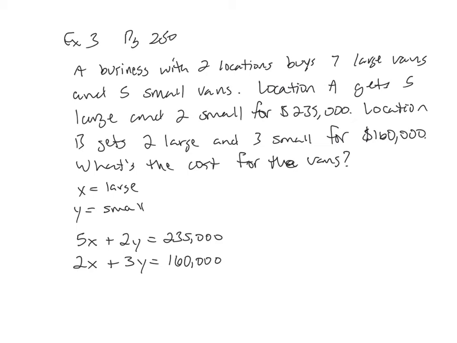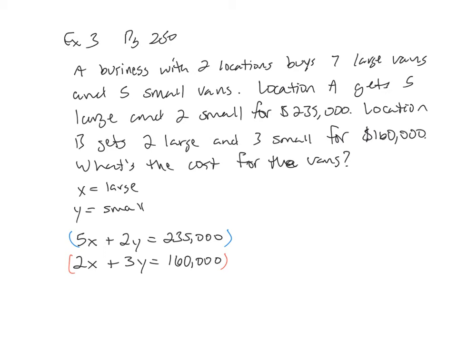So now it's just go back to solving the systems. I need to multiply the top and the bottom by something because I can't do 2 times something and get 5, or 2 times something and get 3. I don't have opposites, so one of the numbers has to be negative to create opposites.